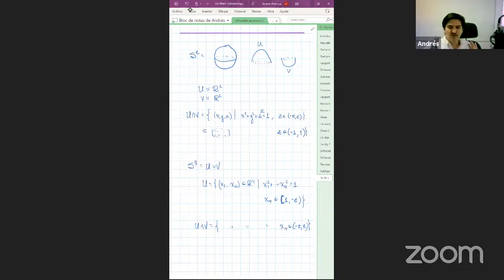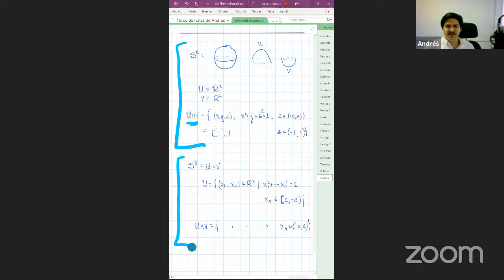So this is something that we will use when we compute the cohomology. Because here, remember, we don't know the cohomology of R2 and of U intersection V. What is going to happen is that U intersection V will have the cohomology of the equator, which is the circle, and we already computed that. And that's why we will proceed.